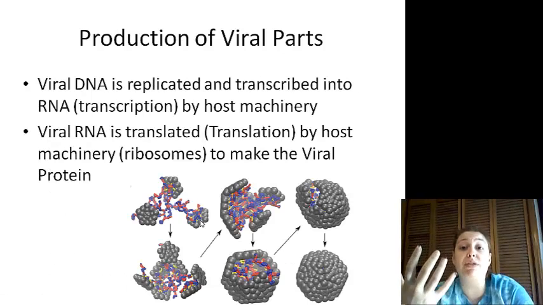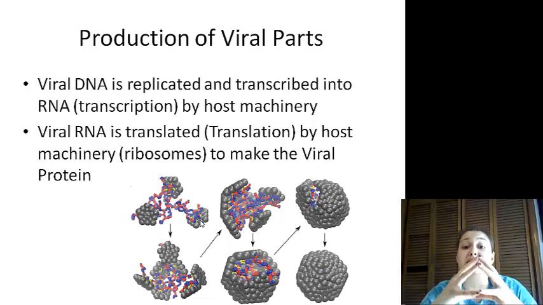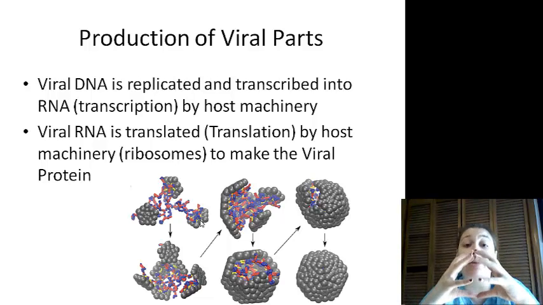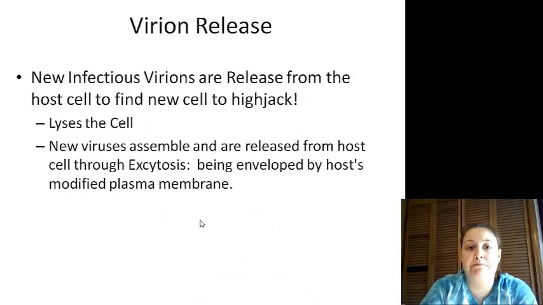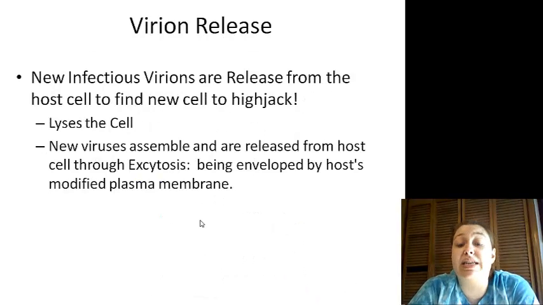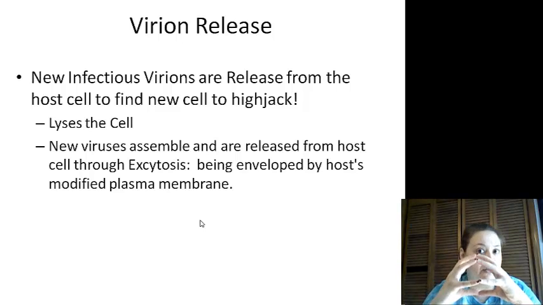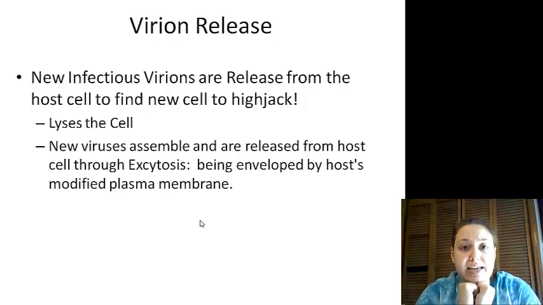Once the viral proteins are created, we have assembly by the host machinery. We take the genome and we pack it inside and we create new viruses. The virion release: the new infectious virions, which are the viruses, are released from the cell to go out and hijack a new cell.